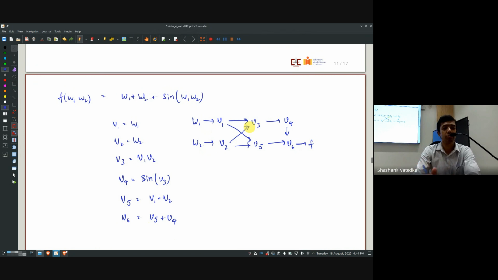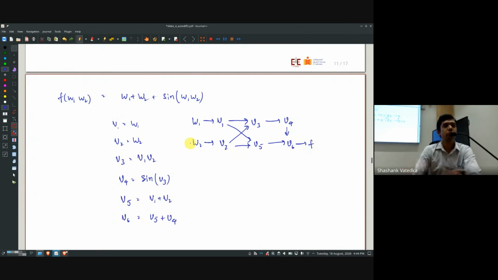You run through this, W1 and W2, you evaluate the corresponding values of V1, V2, V3, V4, V5, V6, and so on. And then evaluate the partial derivatives by computing V6 bar, V4 bar, V5 bar, V3 bar, V2 bar, V1 bar.